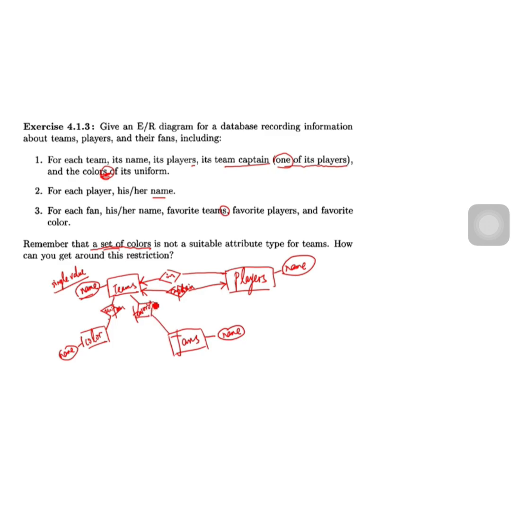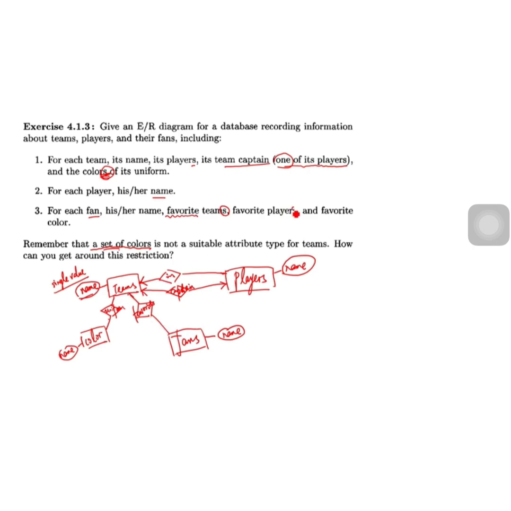For a fan, there may be many favorite teams, so here is many. And for a team, there may be many fans. So the multiplicity of favorite is many.